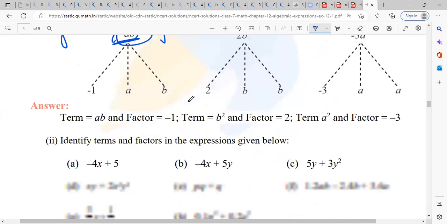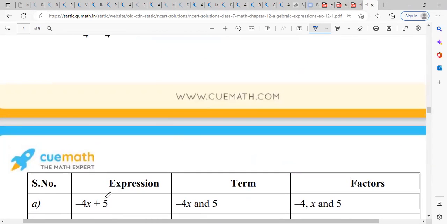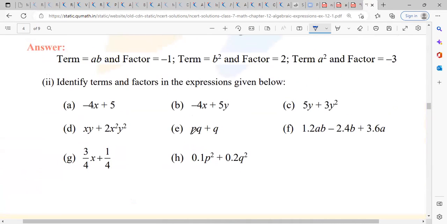But over here in this question, I'm giving you an expression. I'm not giving you a term. So from an expression, you know this is a term and this is a term. They both are terms, right? And what are the factors basically? Just separate them. Separate this, and separate this. Clear? Okay. So you will do this, and after that, you will let me know the answers.